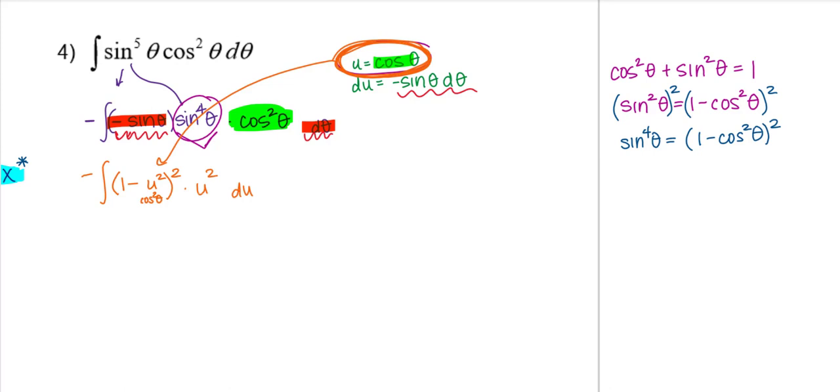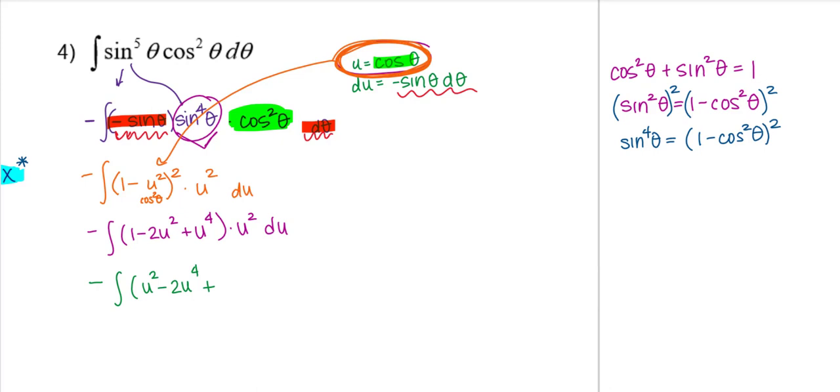Okay, so I will now distribute this out. 1 minus 2u squared plus u to the 4th times u squared. And I will distribute in that u squared, 2u to the fourth.